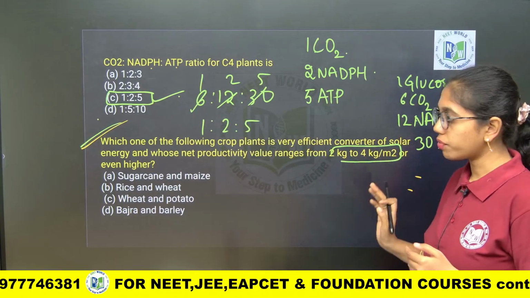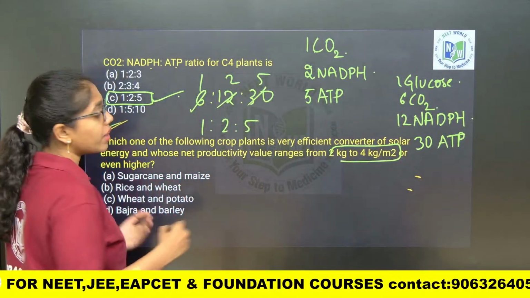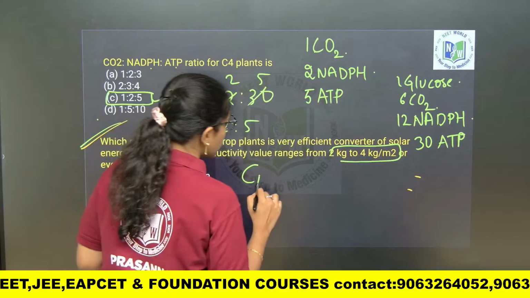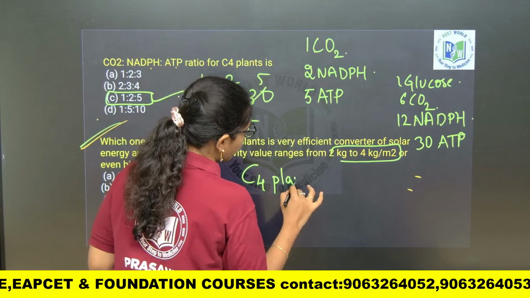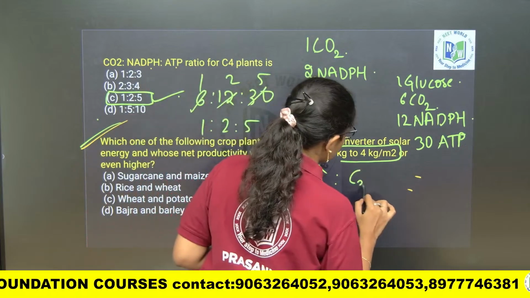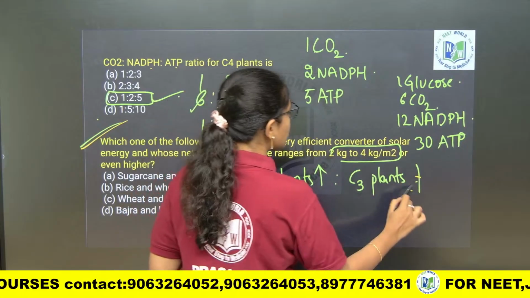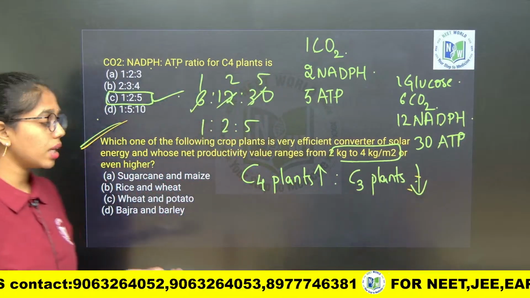That is the motive of this question. We all know that the net productivity value is higher for C4 plants when compared with C3 plants, right, ma? In C4 plants the net productivity or efficiency is higher.